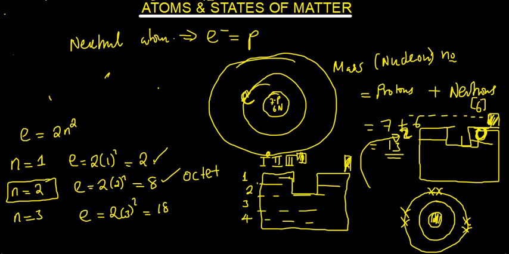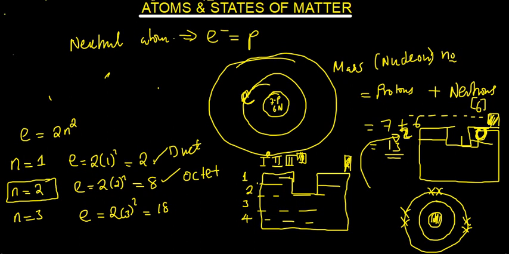Octet means 8. Those atoms which need only 2 electrons to be stable obey the duet rule. Duet means 2. So because oxygen only has 6 electrons in the outermost shell, it needs 2 more to be stable.